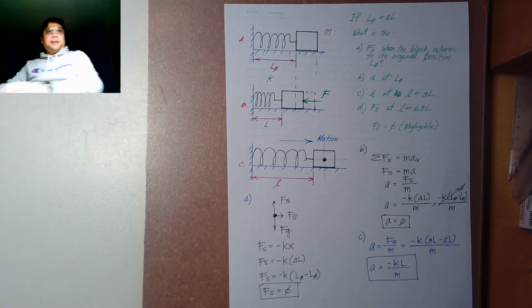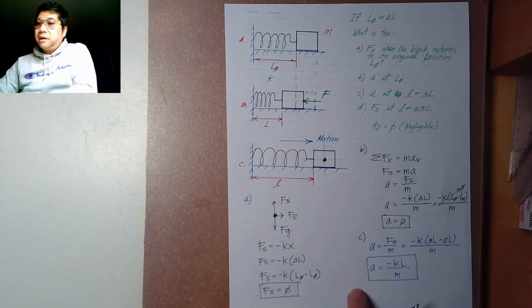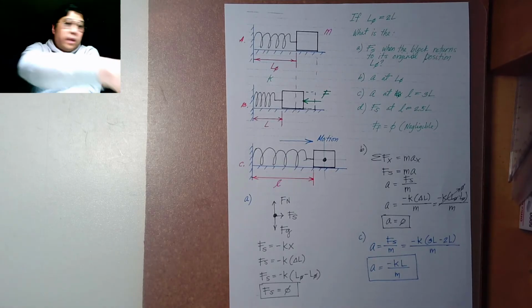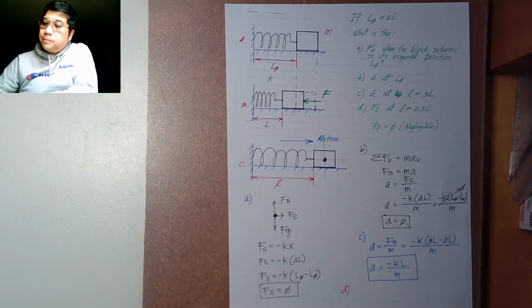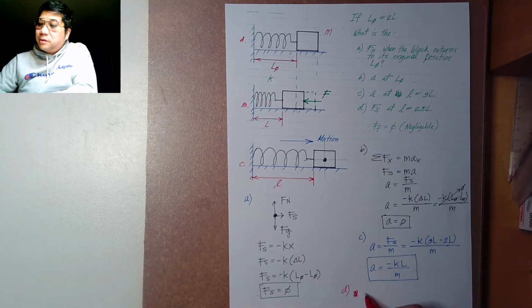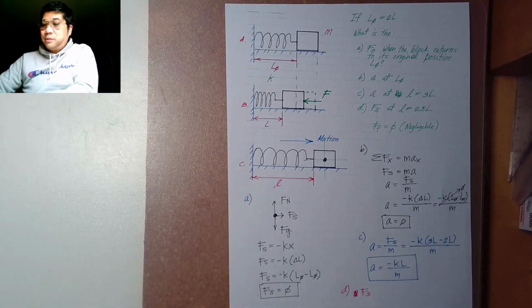Now, last but not least, letter D. We can simply use the same strategy of solving it. Or, I'm sorry, let's figure out the force of the spring. We're not solving for acceleration anymore. We're solving for force of spring.